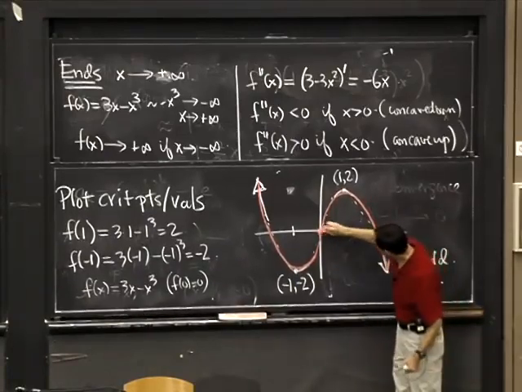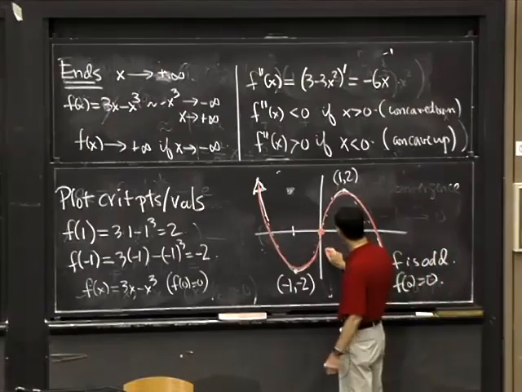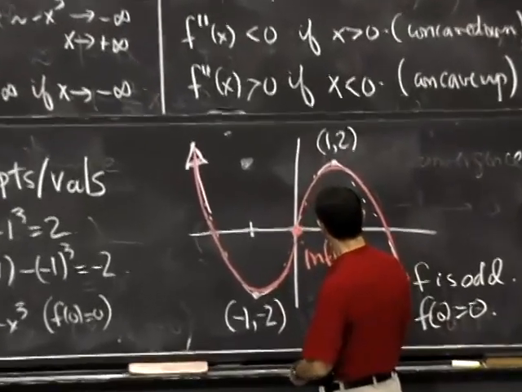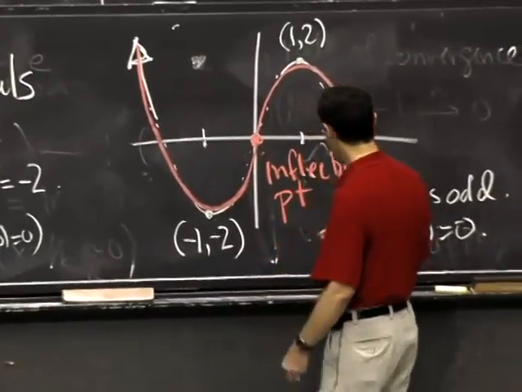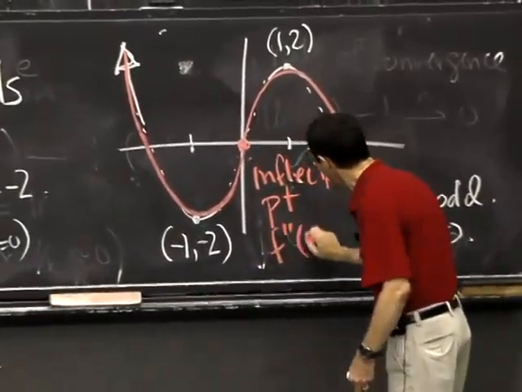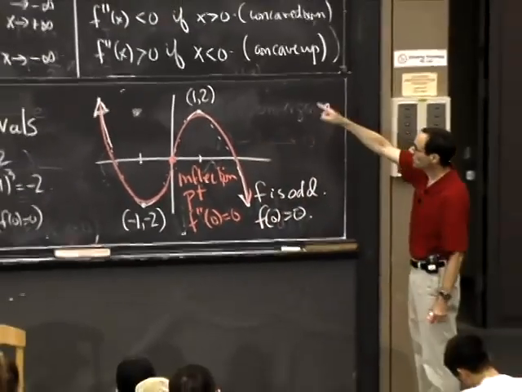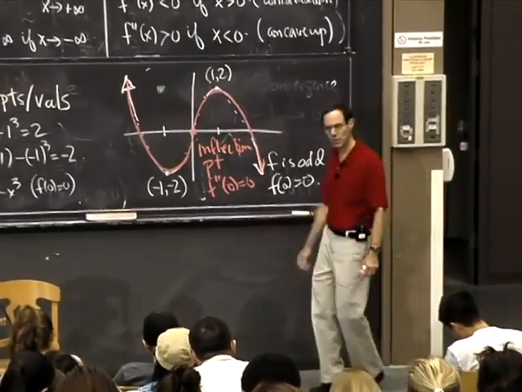All right? So this point is of interest not only because it's the place where it crosses the axis, but it's also what's called an inflection point. Inflection point, that's a point where f double prime at that place is equal to 0. All right? So it's a place where the second derivative is 0. We also consider those to be interesting points.